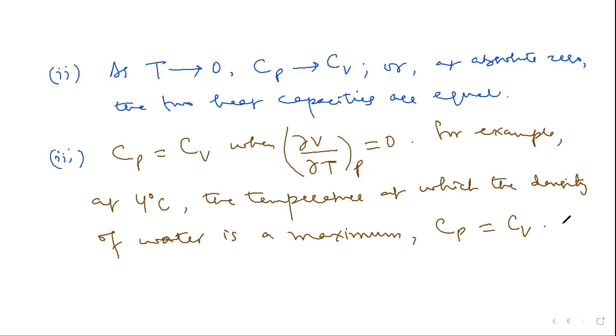I repeat, Cp is equal to Cv when ∂V/∂T at constant pressure is 0. An example for that is 4 degrees Celsius, the temperature at which the density of water is a maximum. Cp is equal to Cv for water.